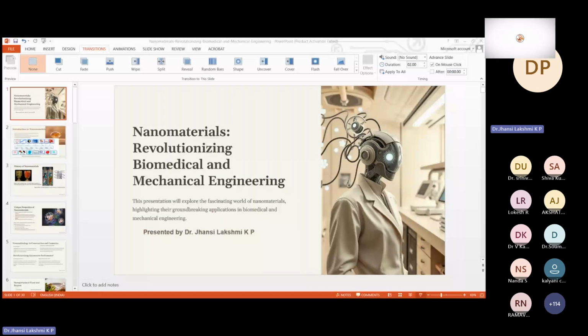So, knowingly or unknowingly, the artists at that time used these nanoparticles. But the study about nanoparticles came into light after Michael Faraday's dispersion of gold in ruby, and also after the inventions of scanning electron microscopes, TEM and XRD, that is X-ray diffraction techniques, and scanning tunneling microscopes.